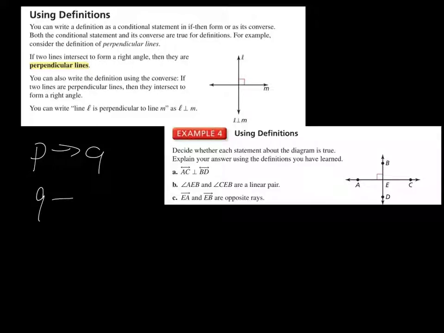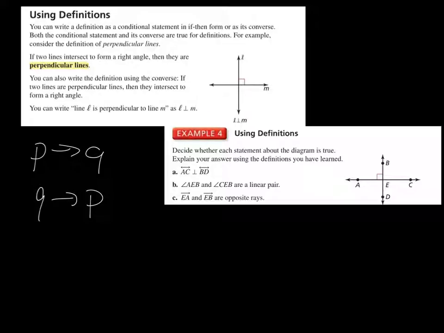So that's Q implies P. That's the converse of the statement. And it says you can write line L is perpendicular to line M as L perpendicular to line M. That's just teaching us a little bit of notation there.